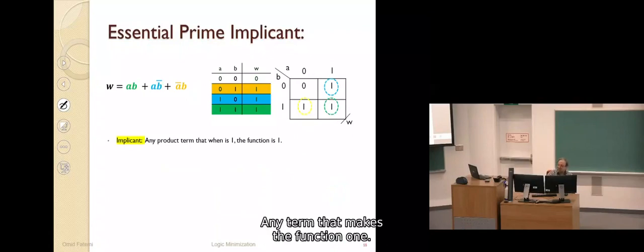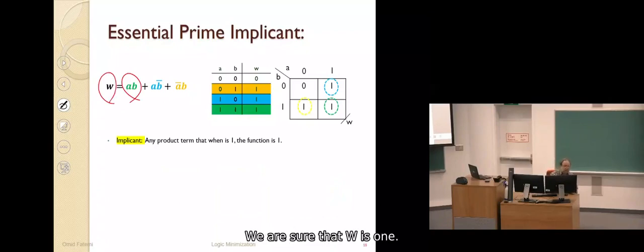An implicant is any term that makes the function 1. For example, AB is an implicant because when AB is 1, we are sure that W is 1. Another implicant here would be A. You don't see it right now, but A is an implicant.